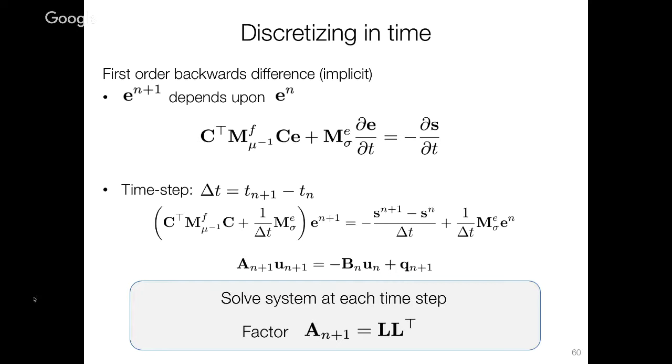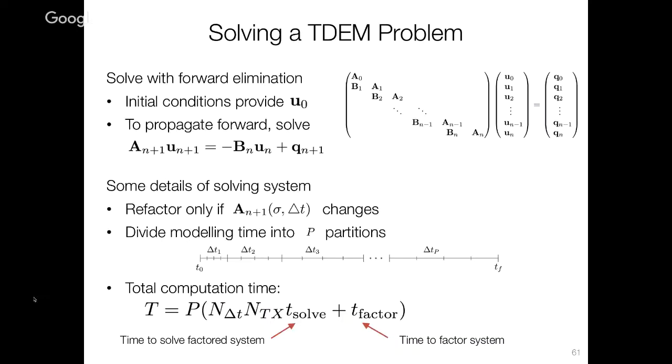That turns out to be an important part. And then we've got a time step. So what that means is that we've got fields at different times that need to be solved for. So we've got this system here that needs to be solved at each time.